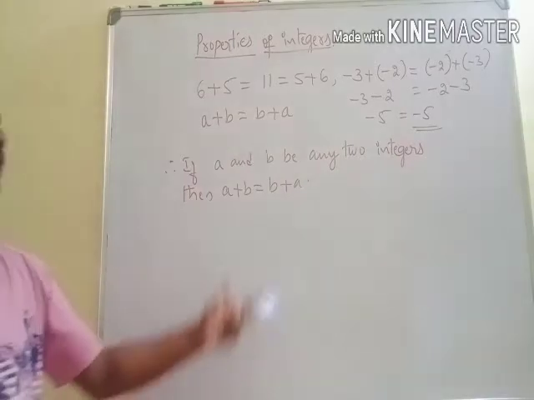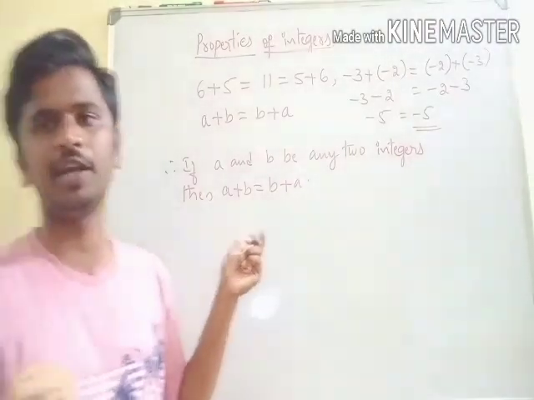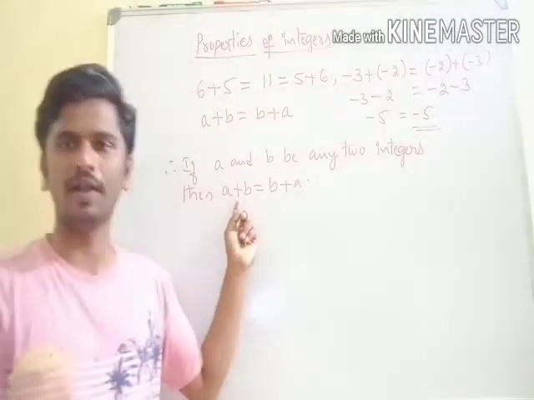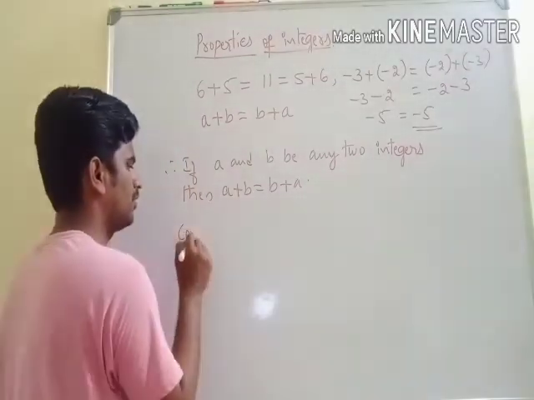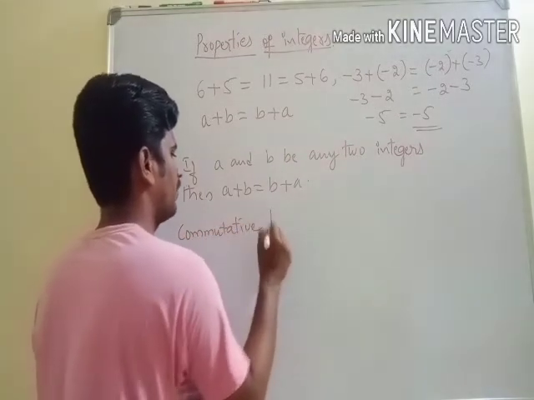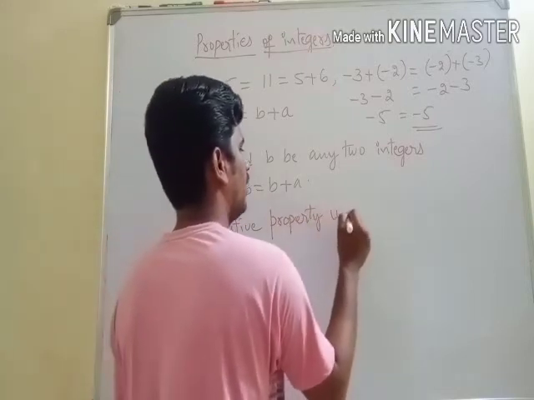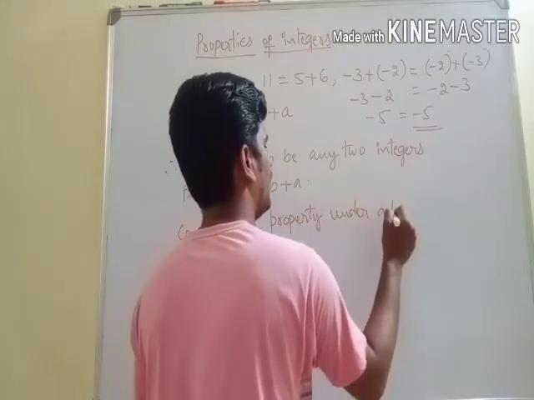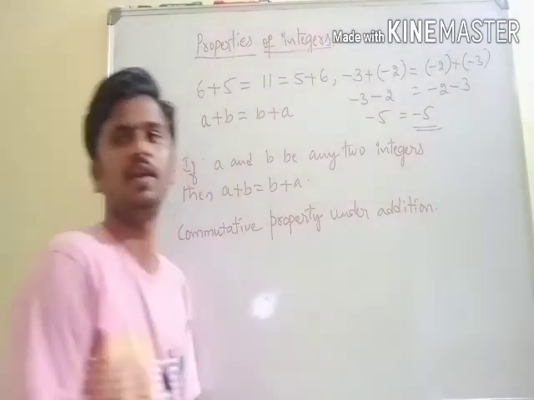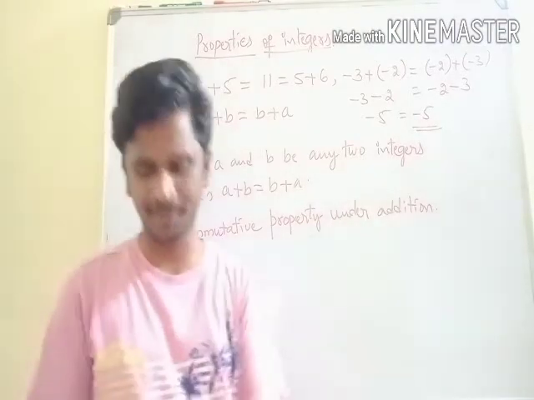Then we call this the commutative property. Under which operation? Under addition. That is, this is commutative property under addition. It means integers hold the commutative property under addition.